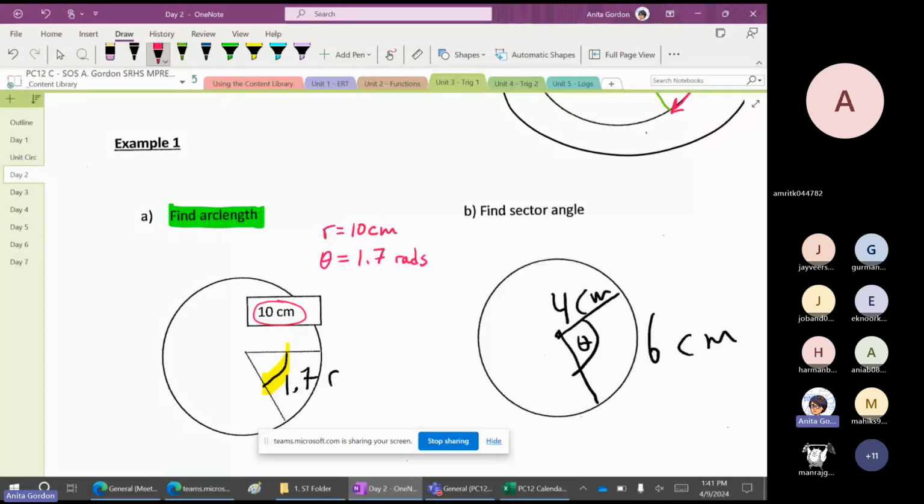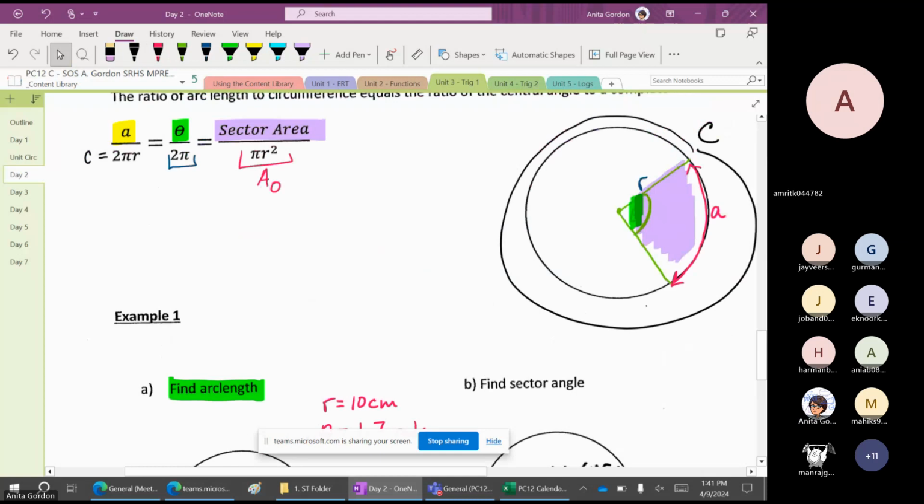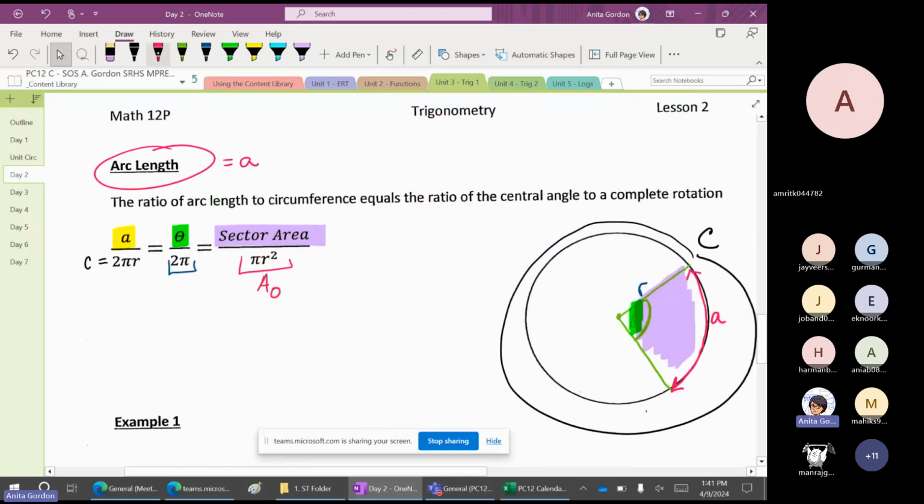Sometimes radians are pieces of pi and sometimes they're just decimals because you just put the pi into your calculator. I'm looking for arc length, so I'm going to use these two.